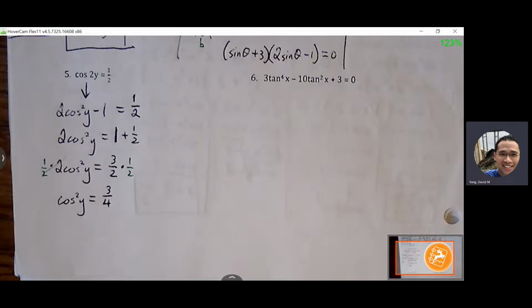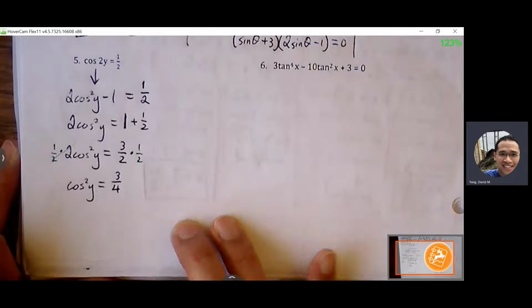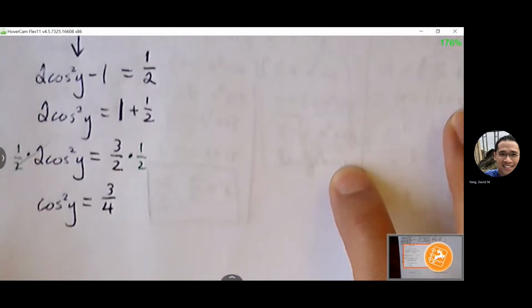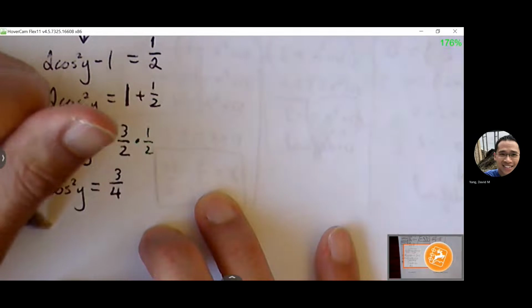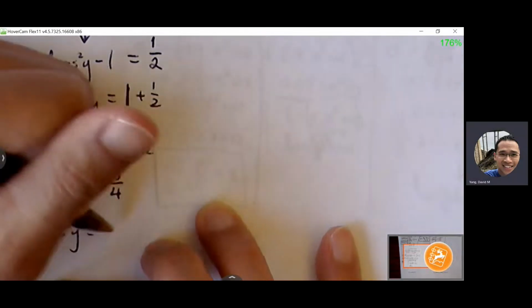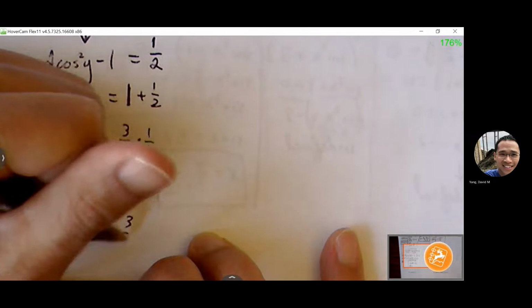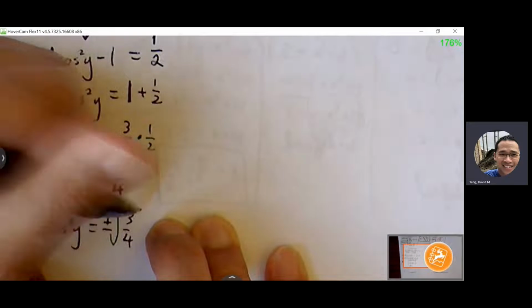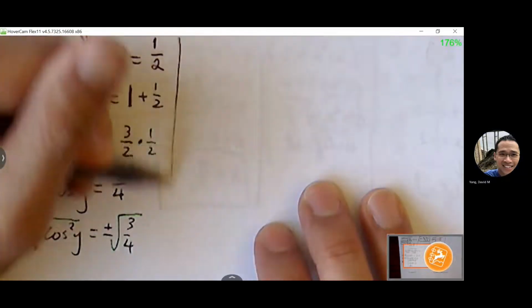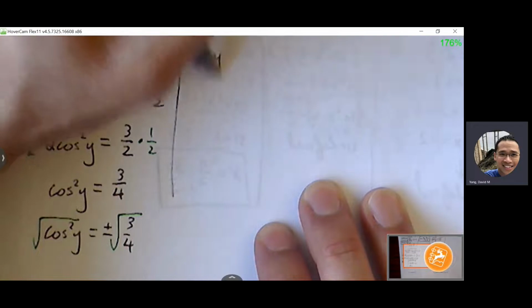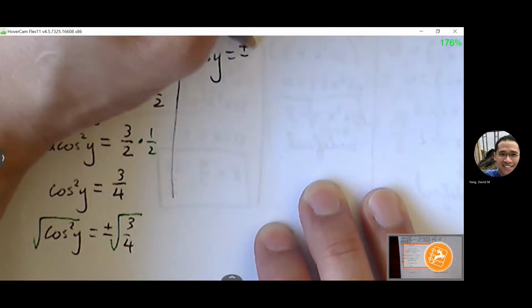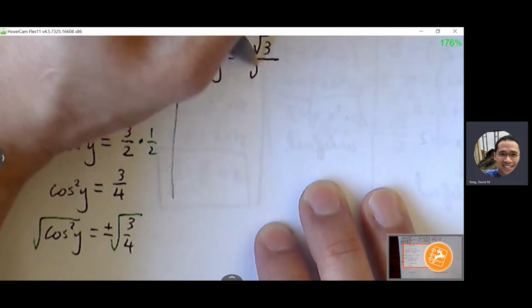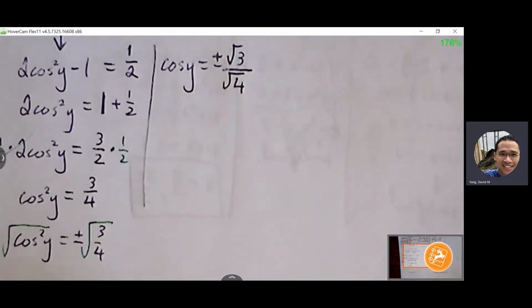Okay, take the square root, plus or minus. Okay, can that turn into something that we recognize?